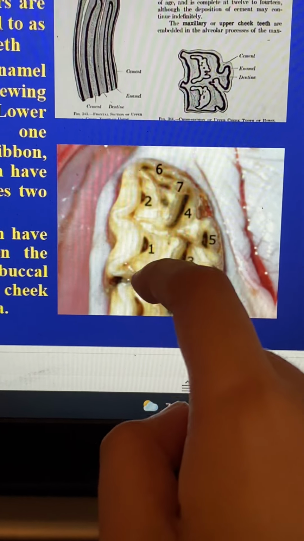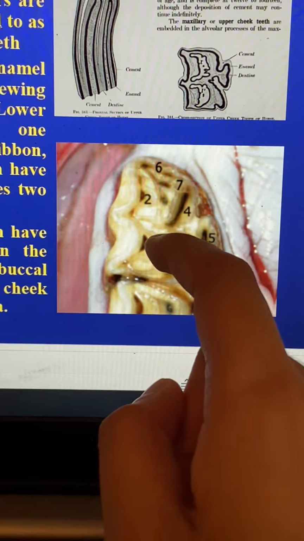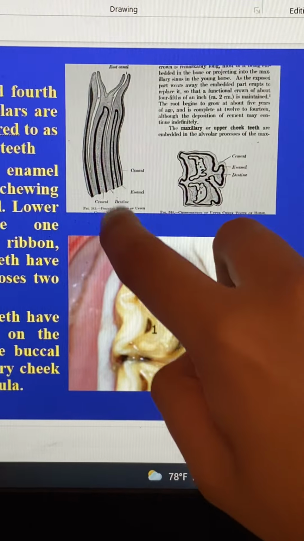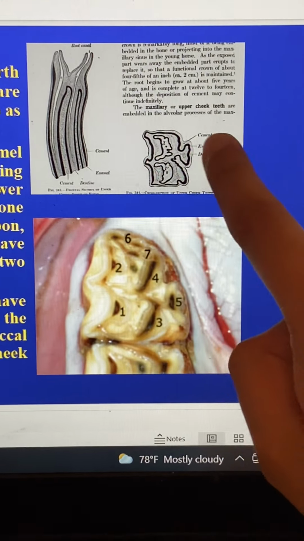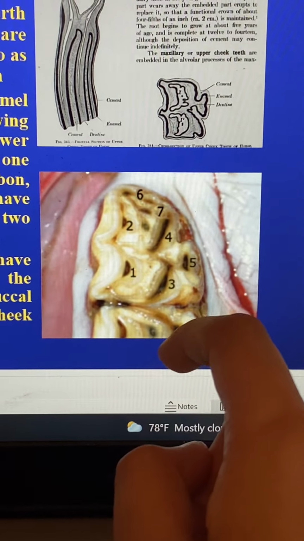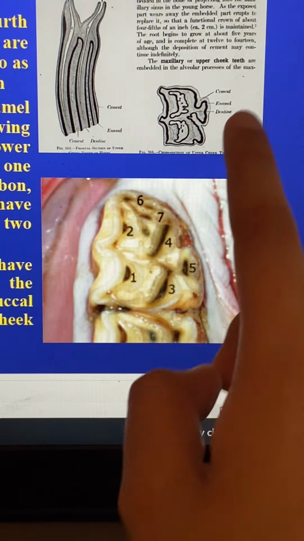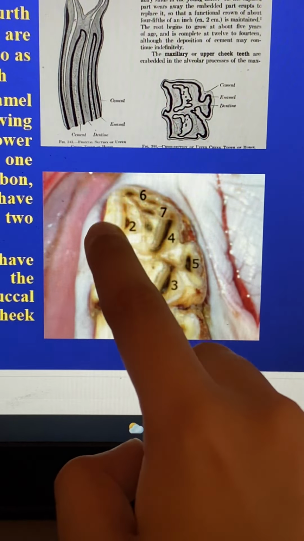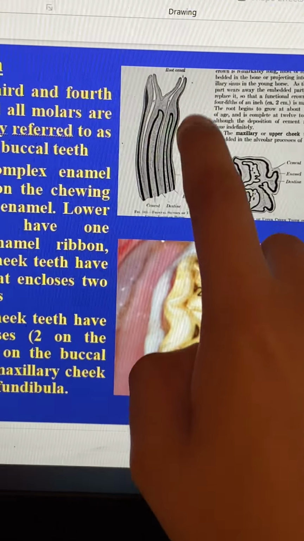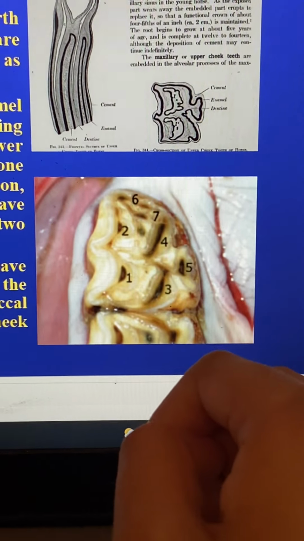The lower cheek teeth, so the mandible teeth, have one continuous enamel ribbon, like that, while the upper cheek teeth have the outer layer that encloses 2 enamel ribbons, like that.